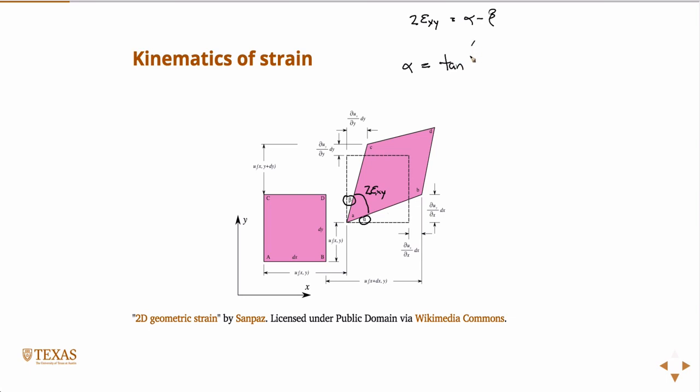So the tangent is partial uy partial x dx, that's the opposite, this guy, over the adjacent, which is dx plus partial ux partial x dx.